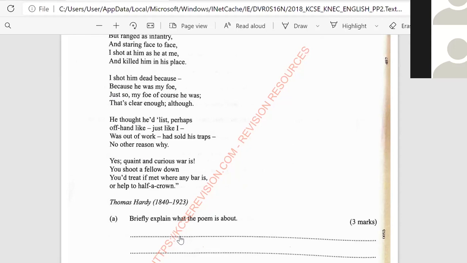Hello. Yes. So I have a question on poetry. I'm Purity Moyanga from Mumbuni Girls. The poem that you just read, we had done it in class, The Man He Killed. When you're looking at question D, it is asking us to describe the tone of this poem. As I was reading the poem, I realized that there are two tones.